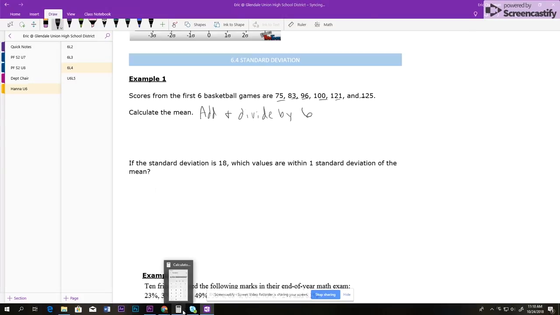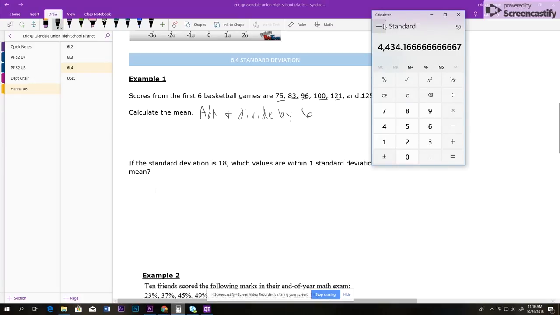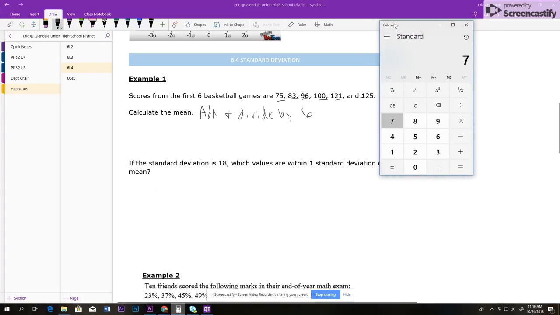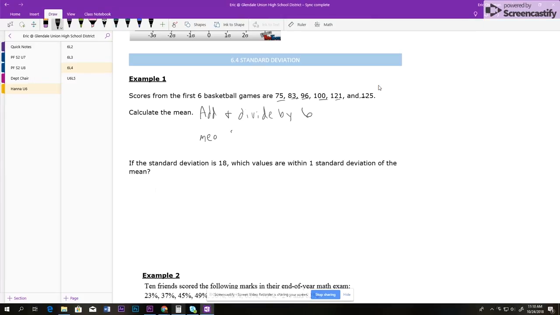From your calculator, we are going to add all these numbers up. 75 plus 83 plus 96 plus 100 plus 121 plus 125 divided by 6. So the mean equals 100.